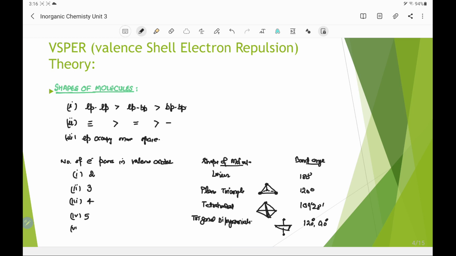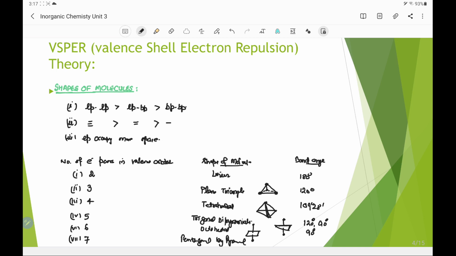Fifth, if the electron pairs are 6, then the shape will be octahedral. In octahedral, the base will be square, and one bond pair will be up and one bond pair will be down, and this has an angle of 90 degrees in the plane as well as at the apex positions. And one more: if electron pairs are 7, then it is pentagonal bipyramidal.